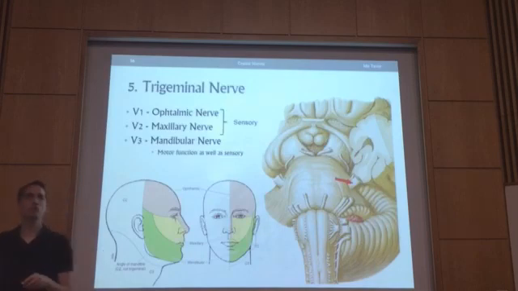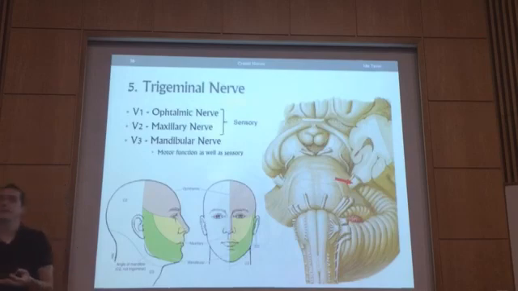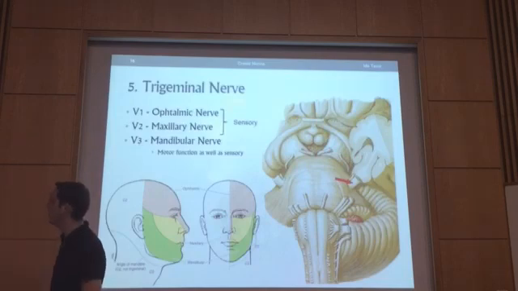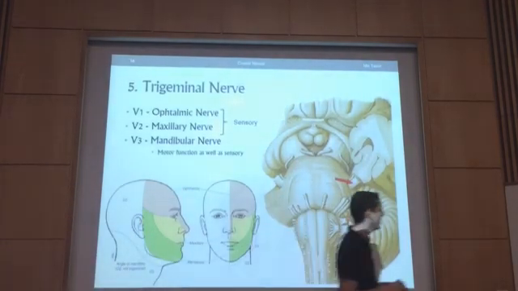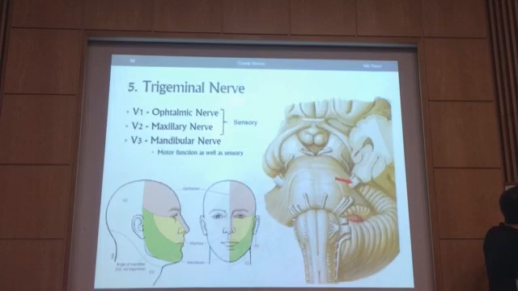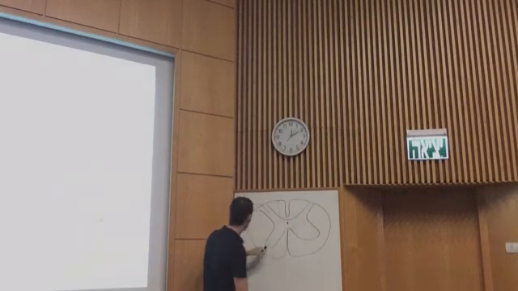They have a dorsal root leaving the spinal cord with sensory information, and they have a ventral root with motor information. So it looks something like this. There's a dorsal root and the ventral root.